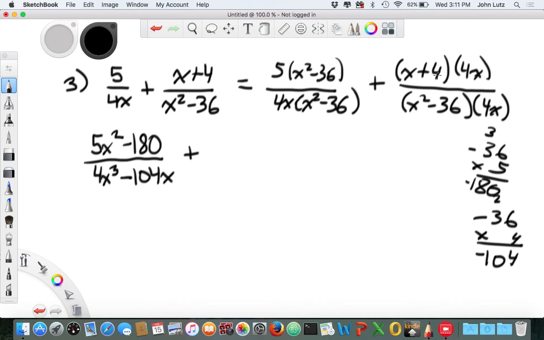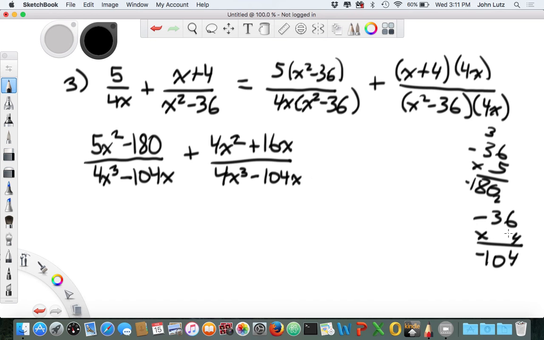Plus, x times 4x is 4x squared. 4 times 4x is plus 16x. And on the bottom, I've got 4x times x squared, which is 4x cubed. 4x times negative 36, which is minus 104x.